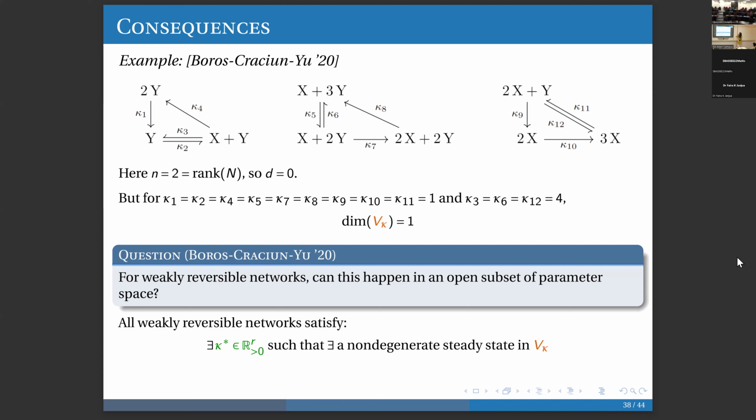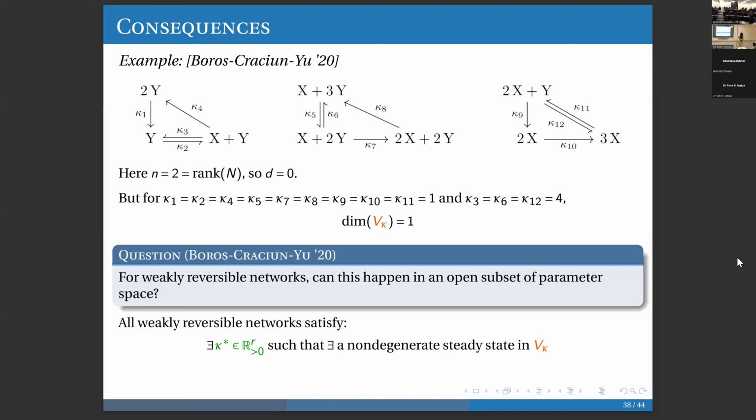So this will mean that the Jacobian of the F will be singular. This is what I'm saying. It's a singular point in some sense, in the sense of schemes, if you want. Yeah, this is when I say non-degenerate point or degenerate point. When I say non-degenerate steady state, I'm talking about the full system when I add the conservation laws.